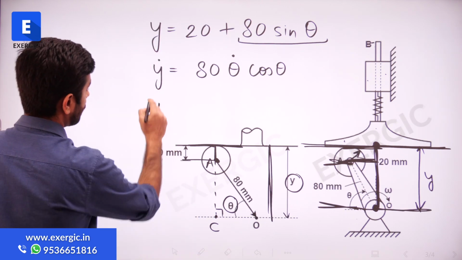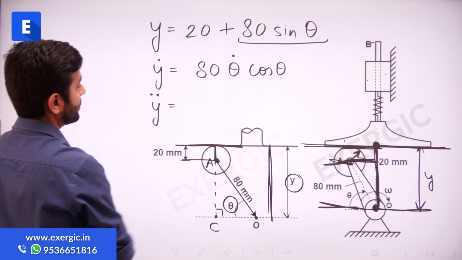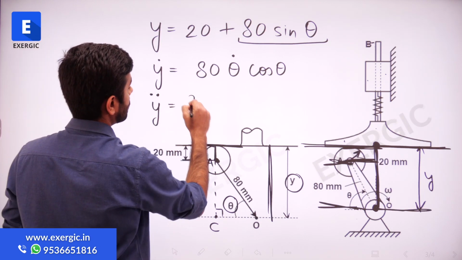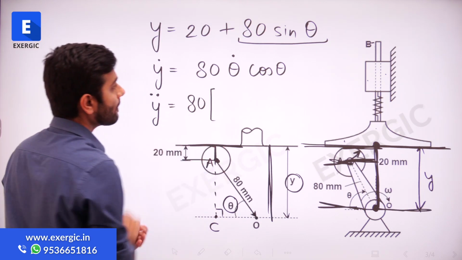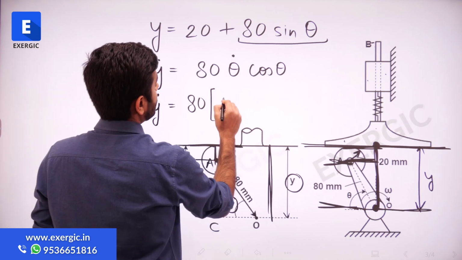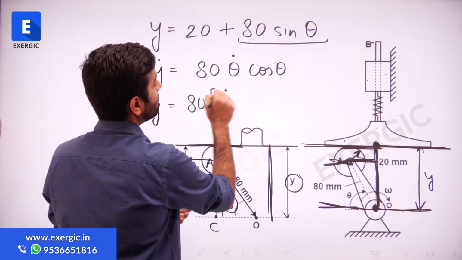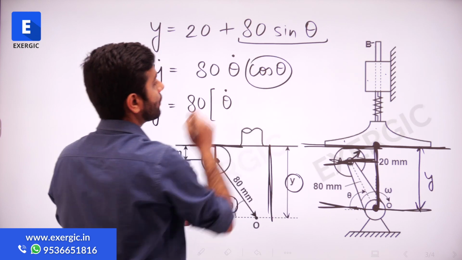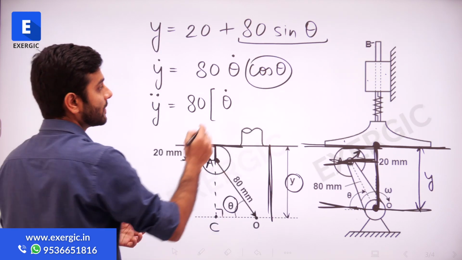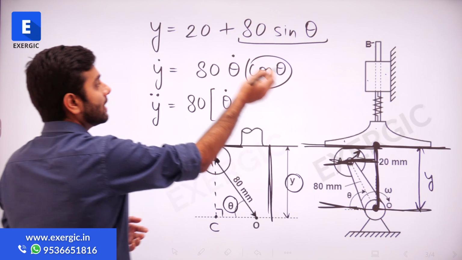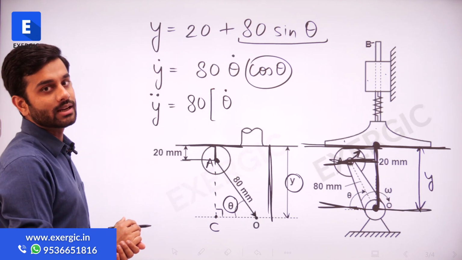So y double dot, how much will that be equal to? 80 is a constant, I'll keep it out. Theta dot multiplied by the differentiation of cos theta, right? Product rule. Then cos theta, then double differentiation of theta. That's what we will do.